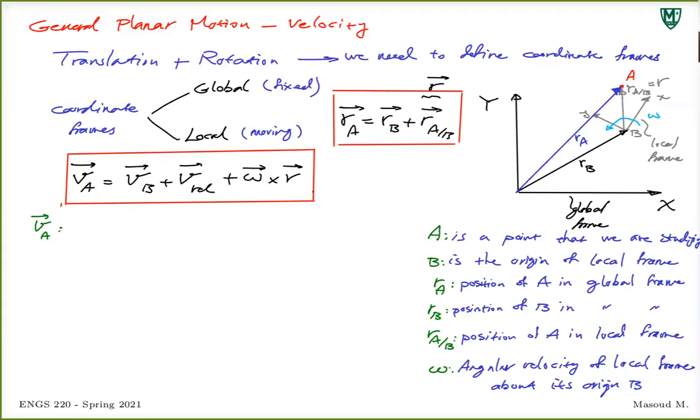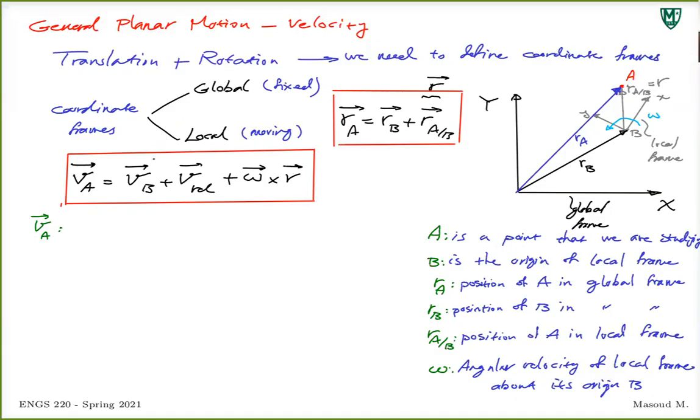Because so far we have always had that global frame somewhere. We're studying the motion with respect to that, finding ij components along x-axis and along y-axis. Global frame. Local frame is something we're adding to this story.